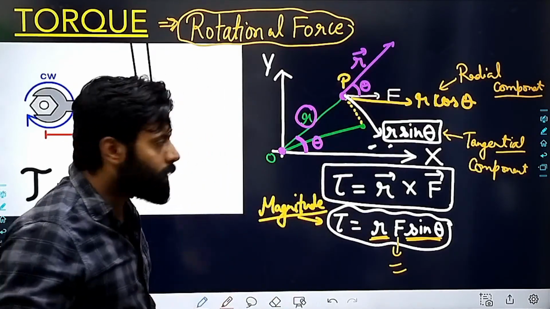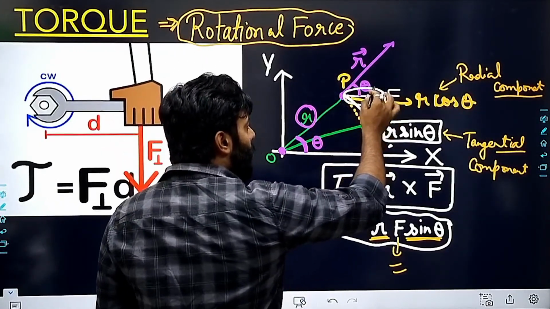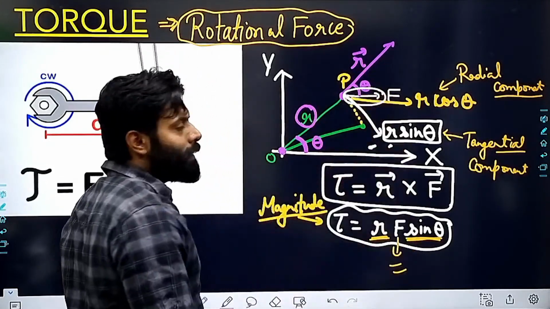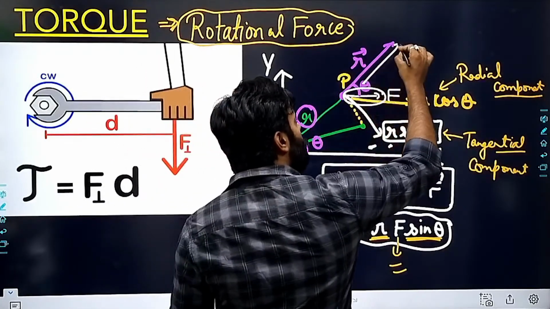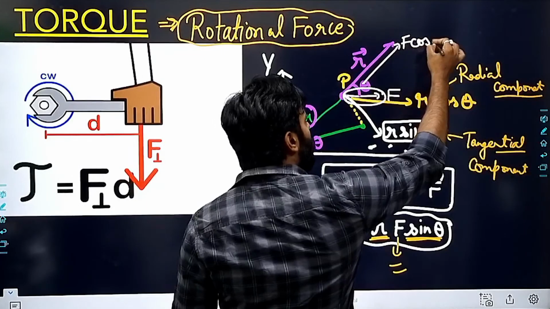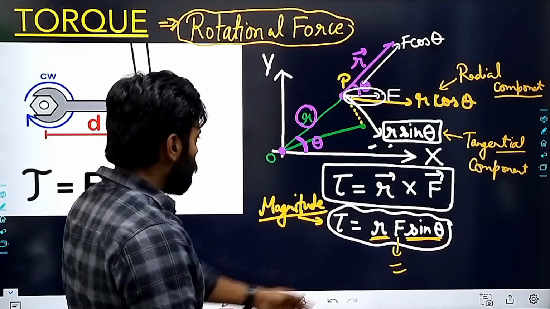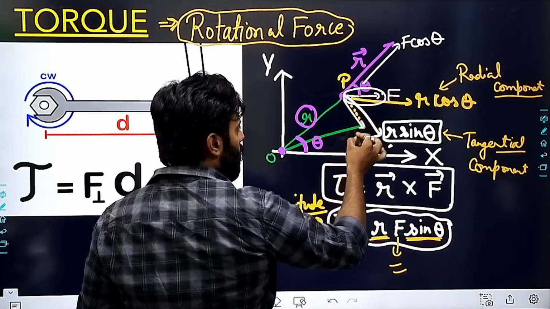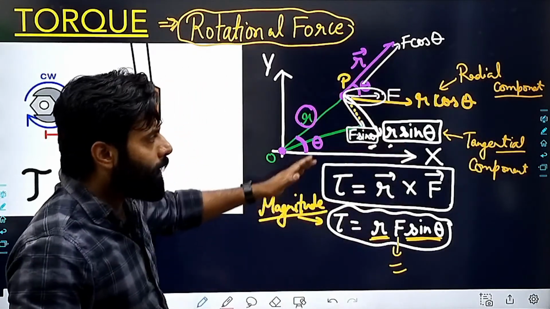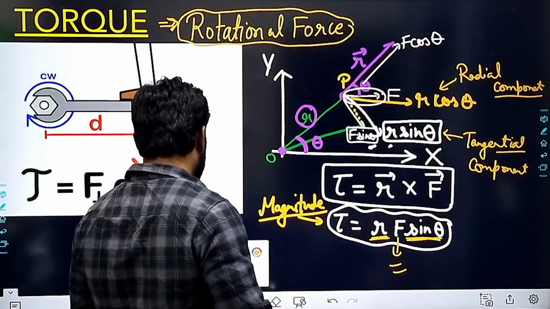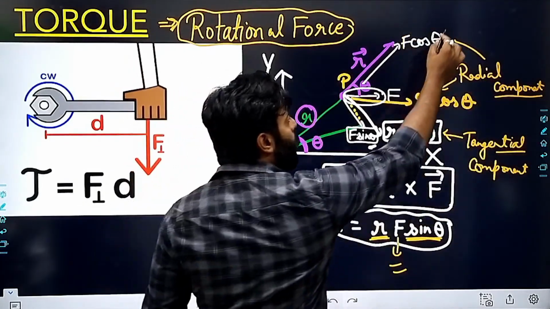Now another way of calculating is by moving this force here, and then you can resolve this force as well. If I resolve this force in this direction, it will become F cos theta, and in the other direction, it will be F sin theta. Similarly, this will be the radial component, and I will not consider the radial components.